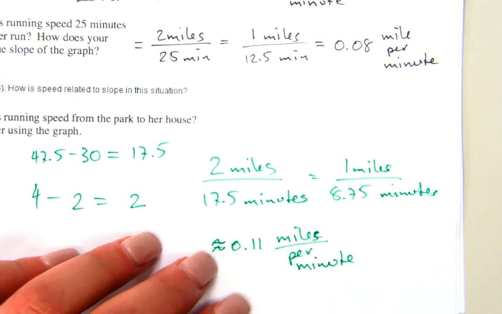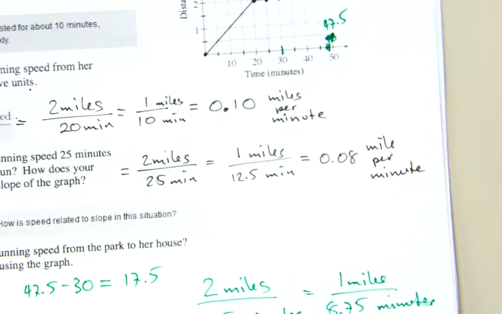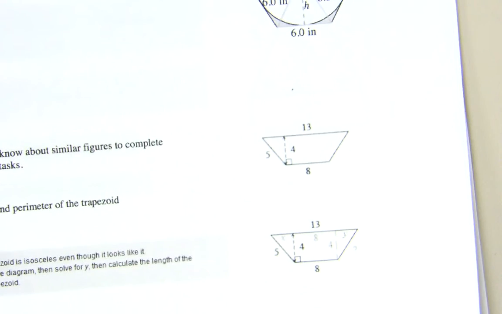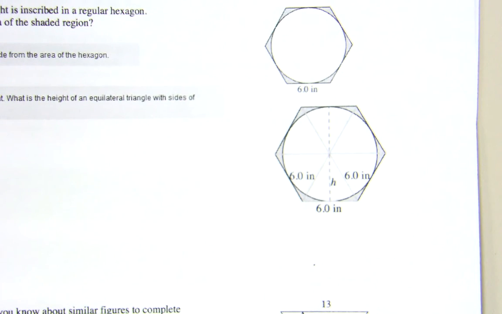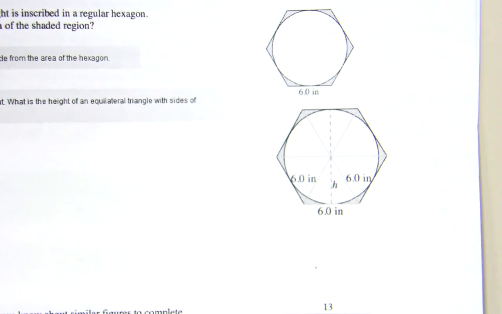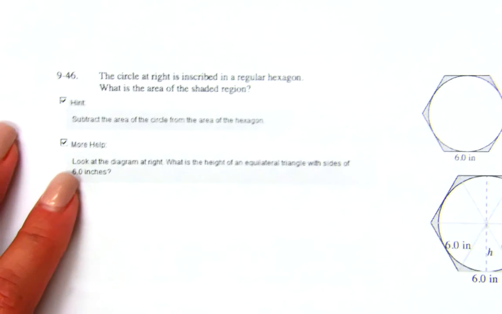Okay, and that was her unit rate. Okay, that was 45. 46-ish. What time am I at on this thing? Okay, 13 minutes. All right, we'll just hang in there. Okay, I'm going to pause, and I'm going to do another video starting with number 46.